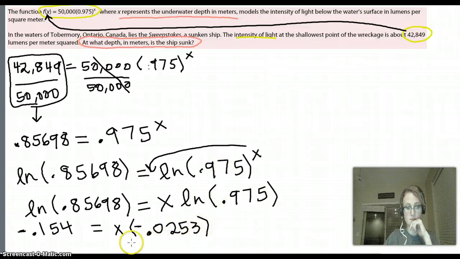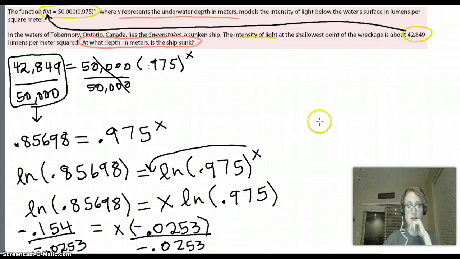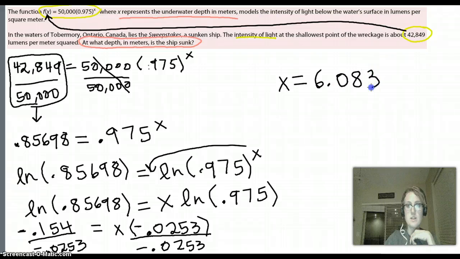So our last step is to divide by negative 0.0253 so we can get x all by itself, and divide this side by the same, negative 0.0253. And when we put that into a calculator, we get that x is equal to 6.083, which tells us that the ship sunk at that many meters under the water.